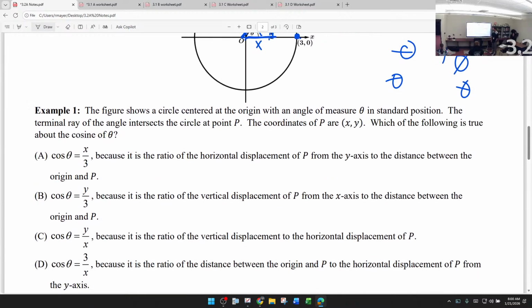Cosine is x over 3 because it's the ratio of the horizontal displacement of P from the y-axis to the distance between the origin and P. I like that answer. It's not y over 3 because cosine does not go with y. Cosine goes with x. Cosine is not y over x because that's tangent. And cosine is not 3 over x because that's hypotenuse over adjacent. So that's why my answer is A.